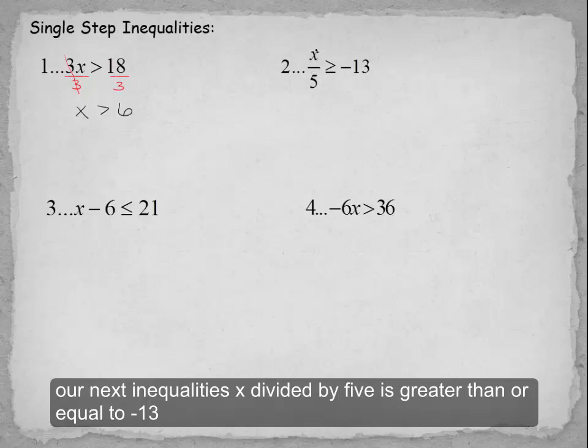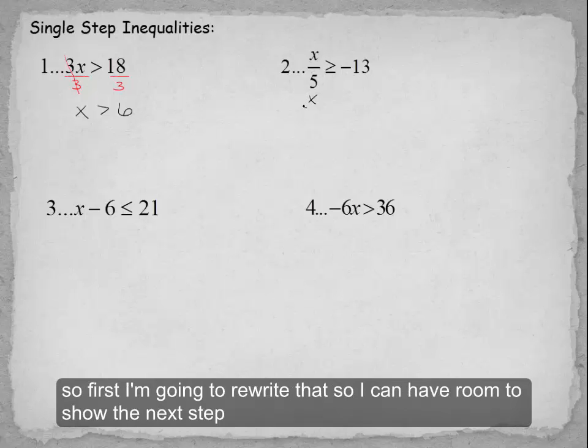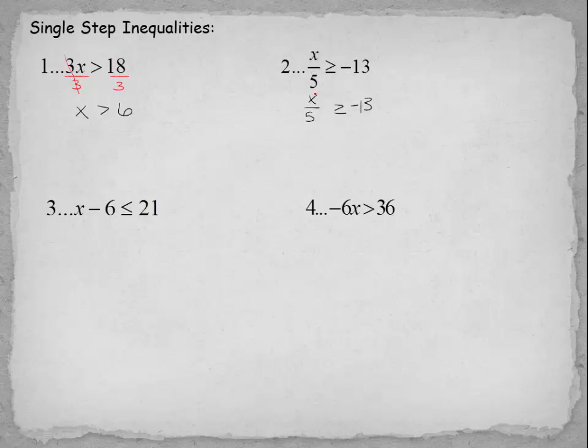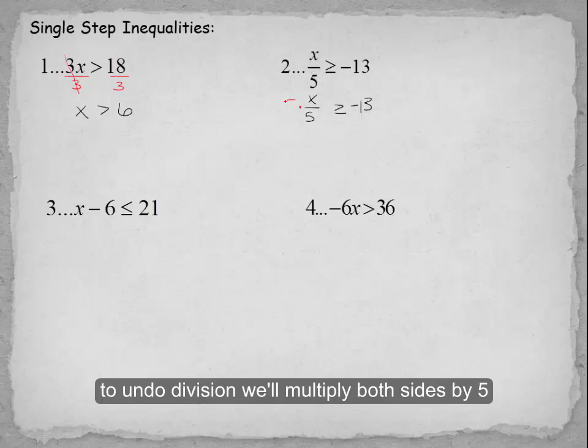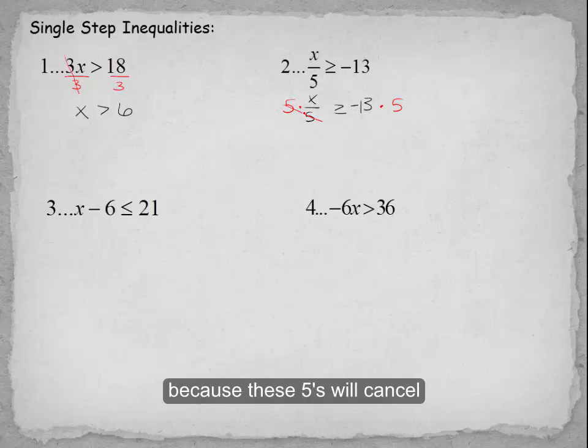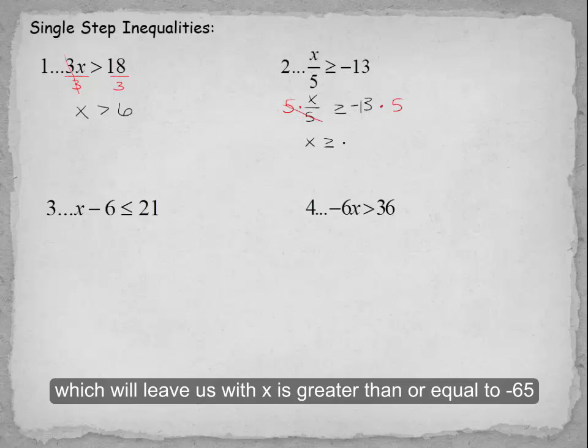Our next inequality is x divided by 5 is greater than or equal to negative 13. So first I'm going to rewrite that so I can have room to show the next step. To undo division, we'll multiply both sides by 5 because these 5's will cancel, which will leave us with x is greater than or equal to negative 65.